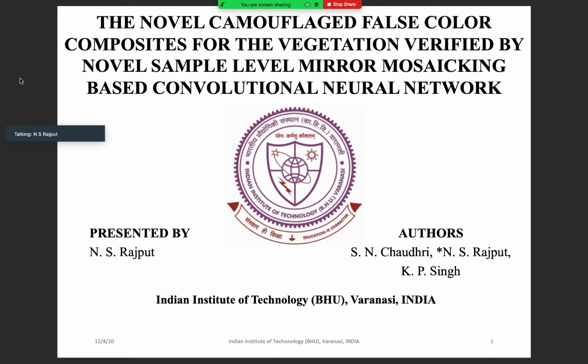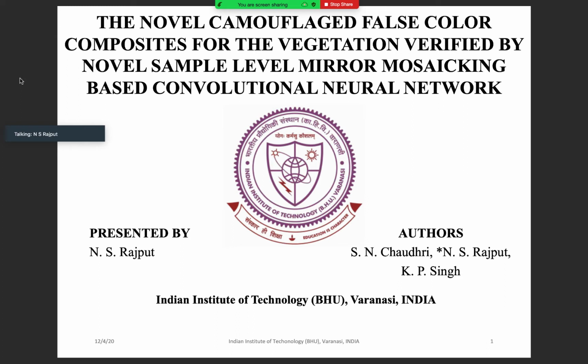Then, since this data is only three-layer data, we have increased the number of data vectors by using mirror mosaicking, and we have implemented it at sample level. By sample, we mean pixel level. So, pixel by pixel, we have enhanced the number of data points, and since the number of elements in the vector is larger, convolutional neural networks or deep networks are able to operate on it.